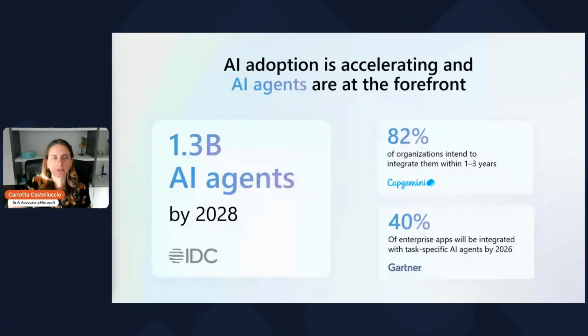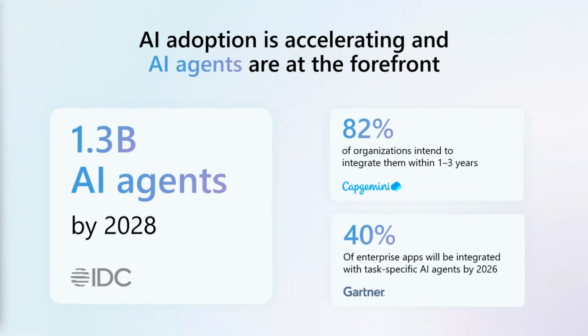Agent adoption is not some distant vision. It's happening right now, with 80% and more of organizations intending to integrate agentic workflows within 1 to 3 years, and 40% of enterprise apps integrated with task-specific AI agents by 2026. AI is not only transforming business workflows, but also how we build software, the software development process itself, with over 90% of software engineers expected to use AI code assistants by 2028.